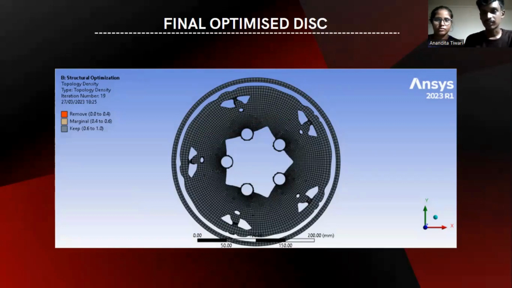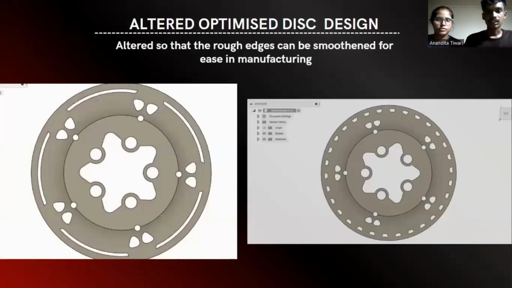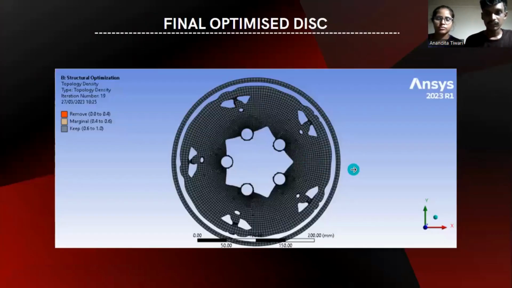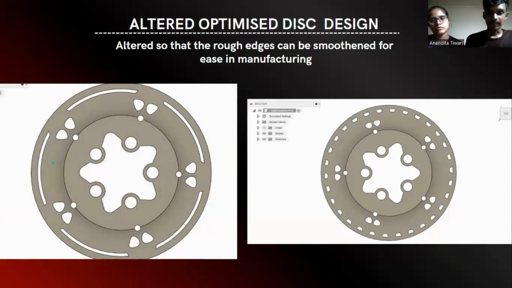This is our final optimized design, which was again redesigned in Fusion 360, and this is how it came out. In the first option, we gave just four slots instead of one big gap, and here we gave small slots for the gaps.